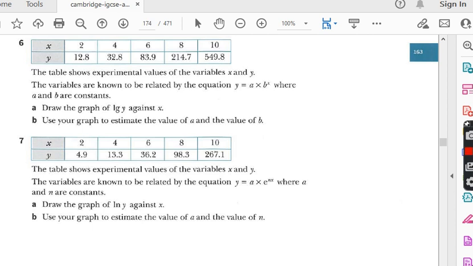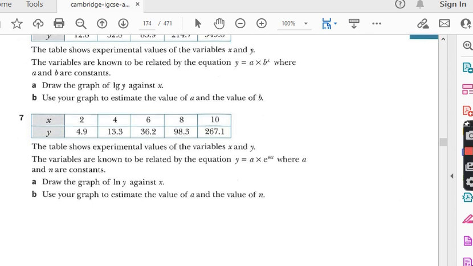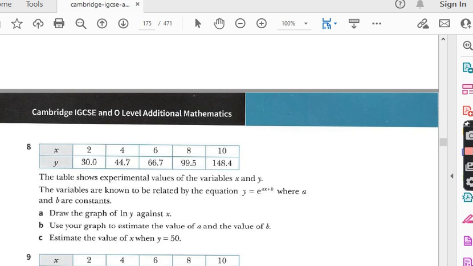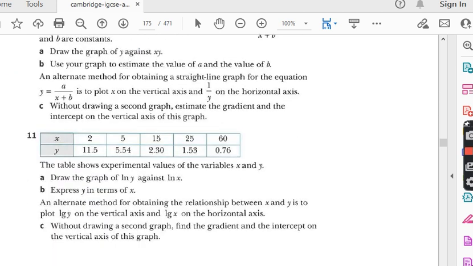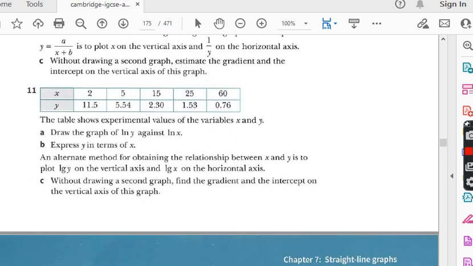What is left in this exercise? 7, 8, 9, 10 and 11. I will try to finish this exercise in the next class.